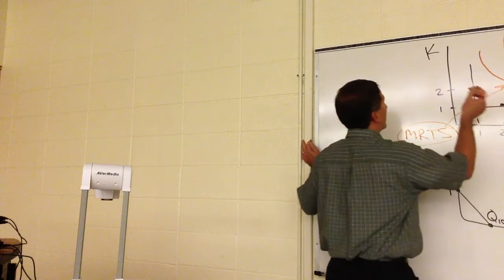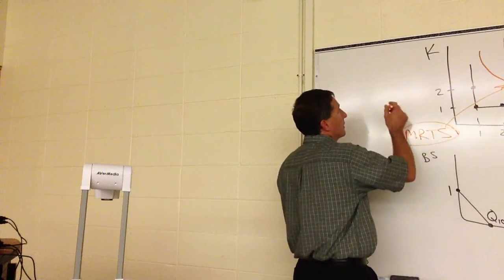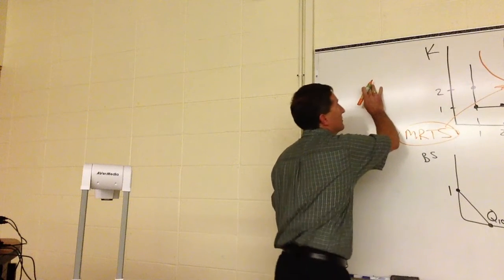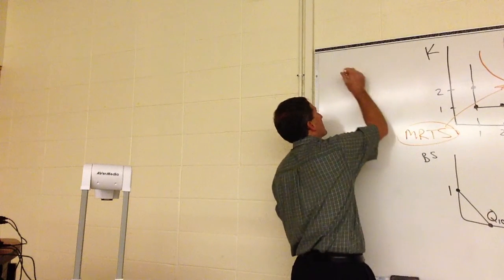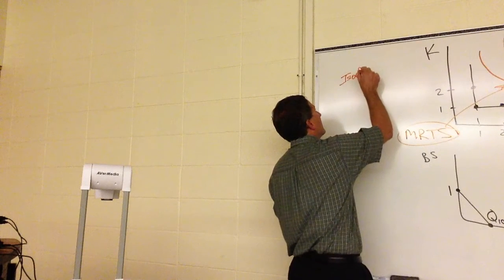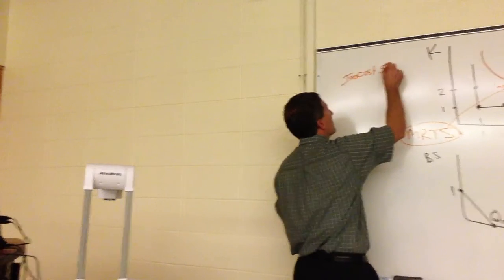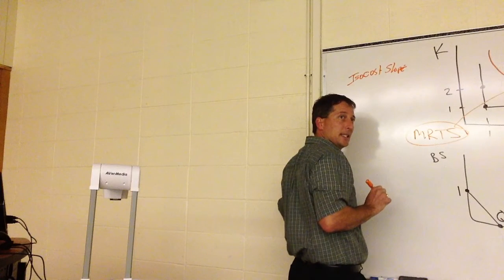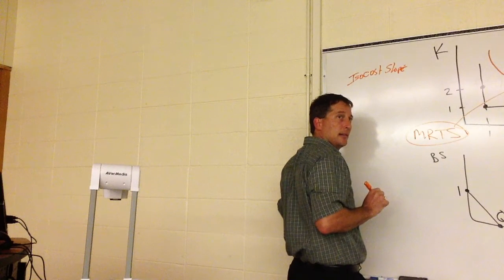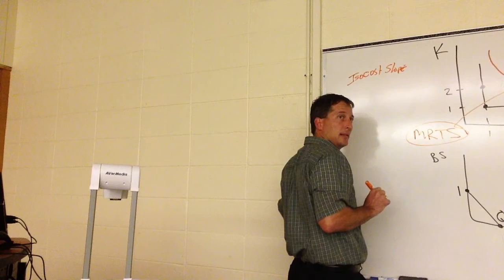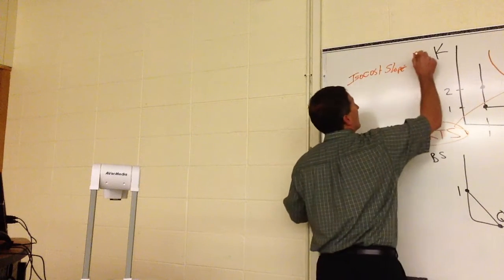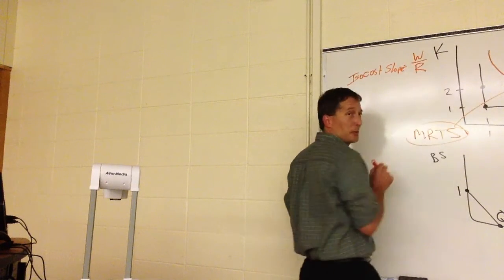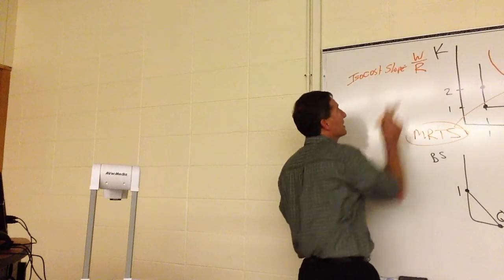What's the slope going to be of the iso-cost? In general, what's the slope of the iso-cost? The wage rate over the rental rate. Good. Yep, the wage rate over the rental rate.